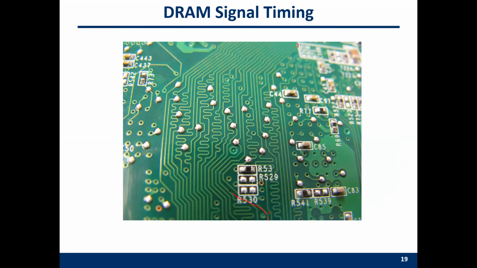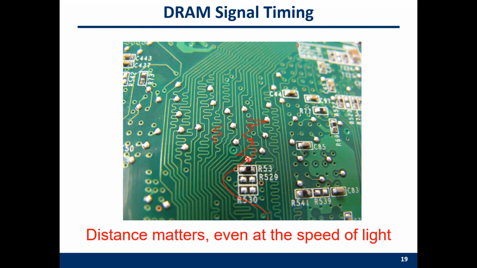Sometimes they intentionally prolong the path, so that on each path they have the same capacitance and the same resistance, because resistance and capacitance will have a huge impact on your signal quality. So sometimes they intentionally increase the capacitance and the resistance by using these shapes. They want to increase the distance between two points.